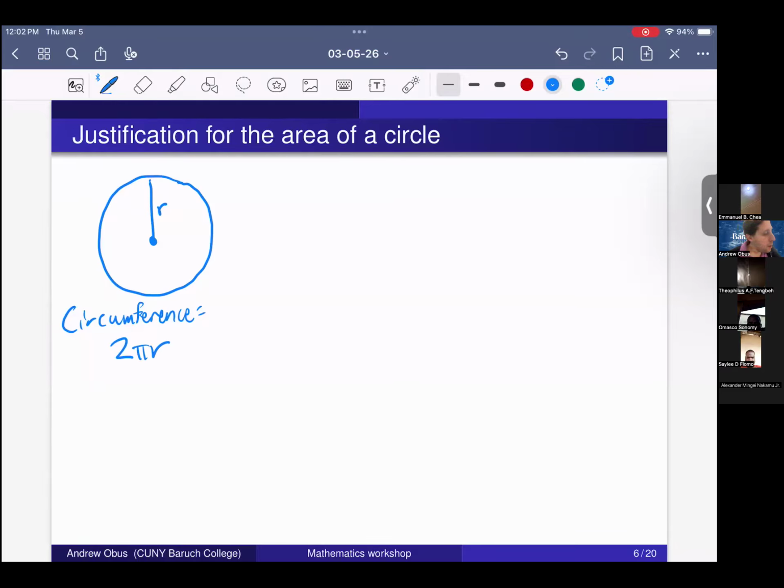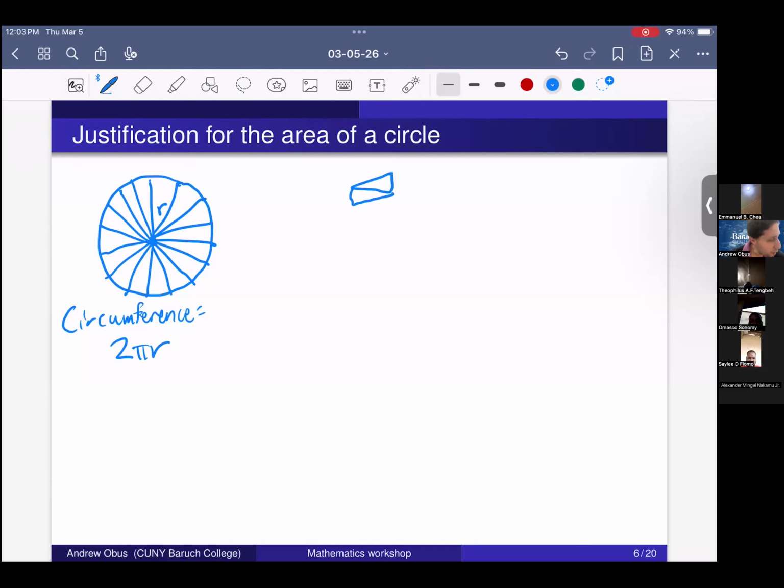Okay? And so what happens now is if I divide the circle into a bunch of little wedges, they used 16 in the video, but there's not really anything super important about 16. Just divide it into as many as you want. And then if you rearrange the wedges of the circle, you can rearrange them so that they kind of look like this.